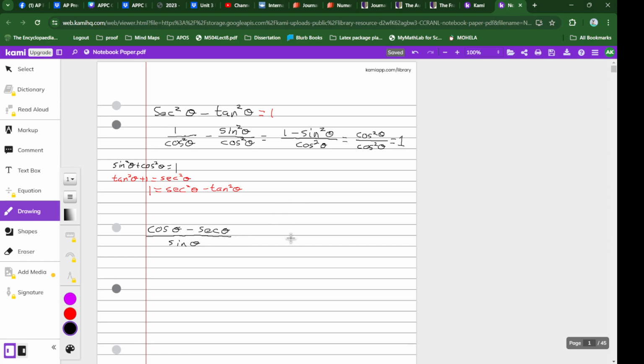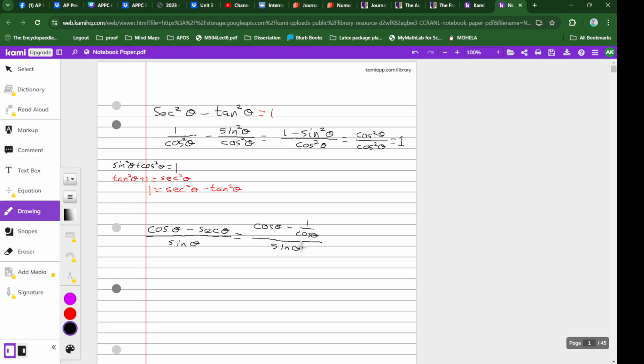This is one where it is probably easiest to write the numerator as a single value before we do anything else. So we're just going to use the reciprocal identities. Cosine I'm going to keep as cosine theta, but secant I'm going to write as 1 over cosine theta, and that is all still over sine theta.